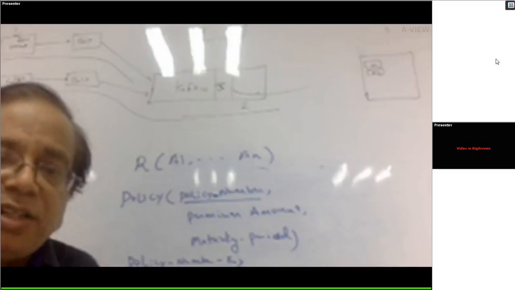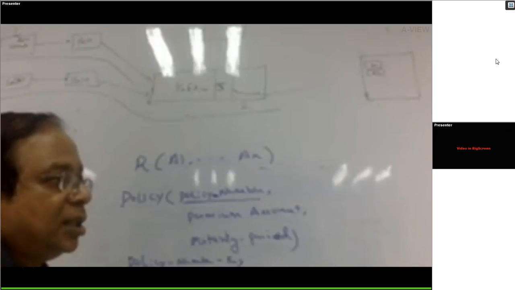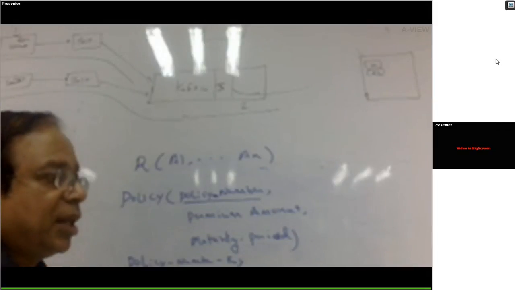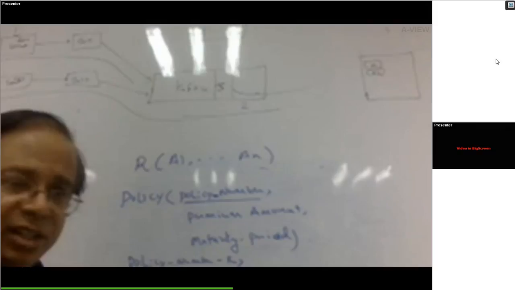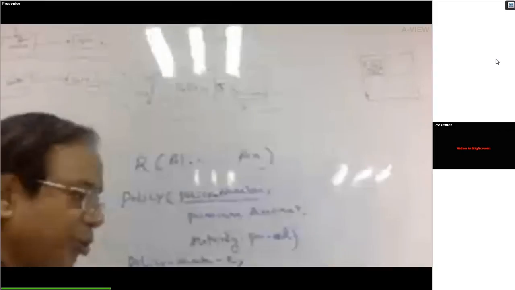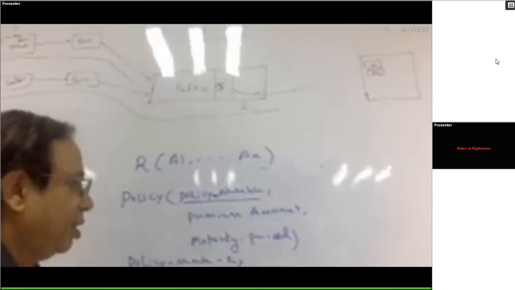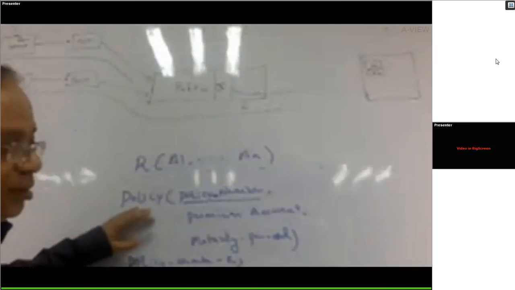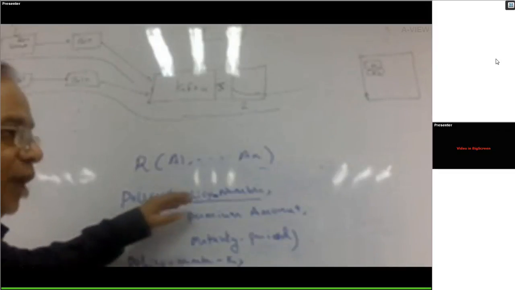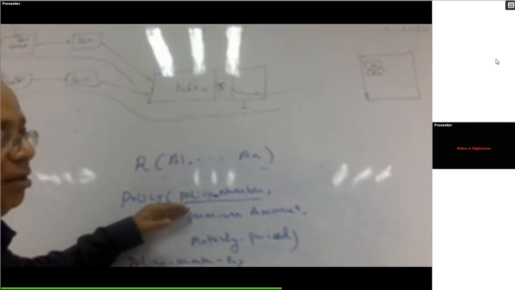You can identify any number of other relations as well. For example, you can take a government department, let us say the agricultural department. Some of the relations in the agricultural department could be a particular crop.